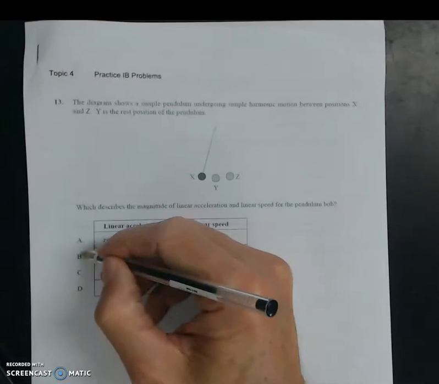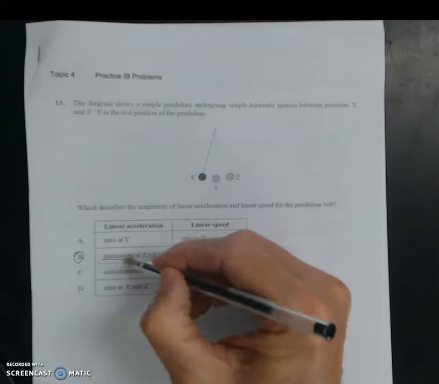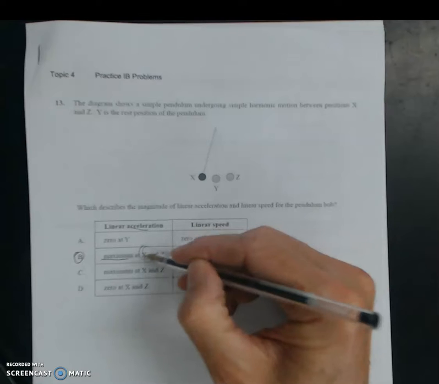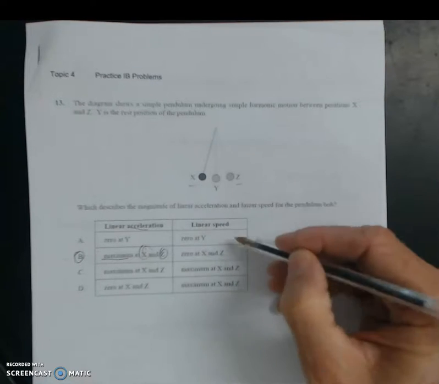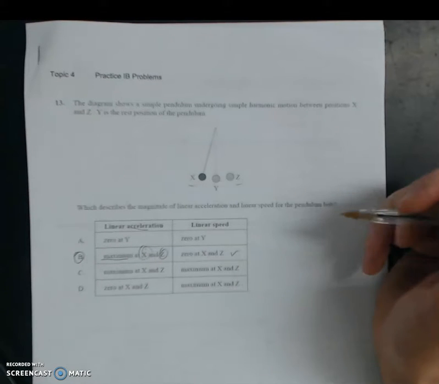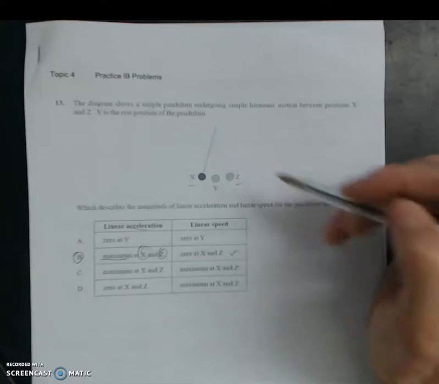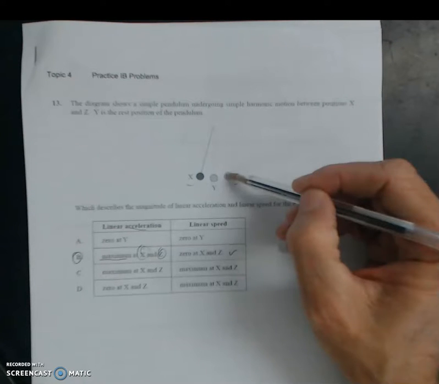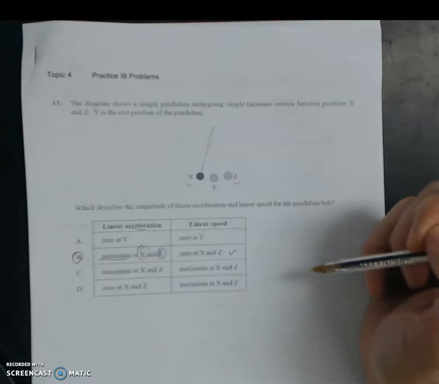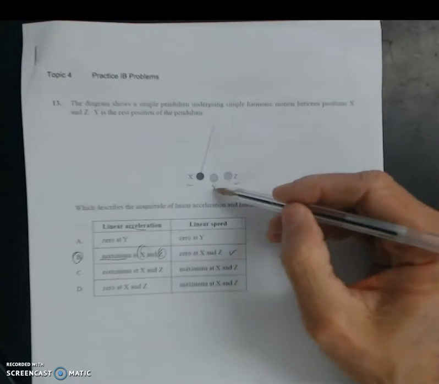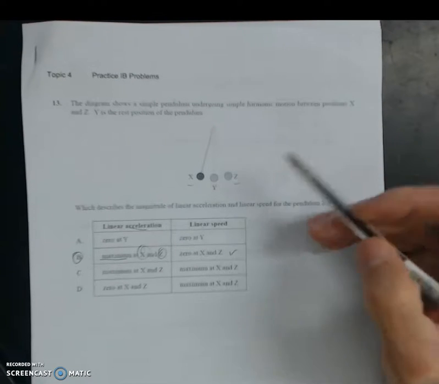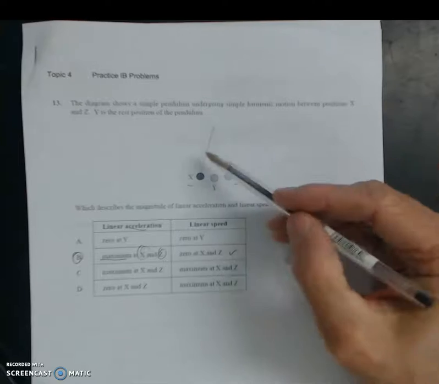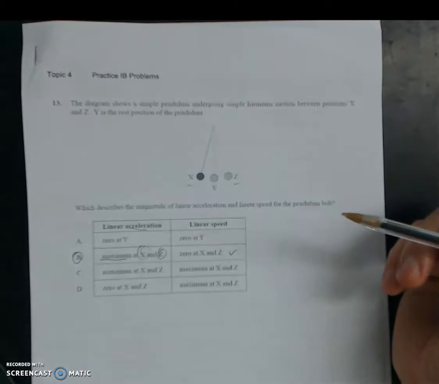So the right answer here is B, because we have maximum acceleration at X and at Z. And then we have 0 at X and Z for the linear speed. Again, maximum acceleration at the edges, and then 0 at the edges for the linear speed, since the maximum would be at Y for linear speed, as it moves back and forth with simple harmonic motion.